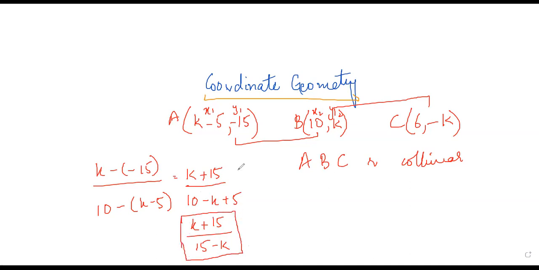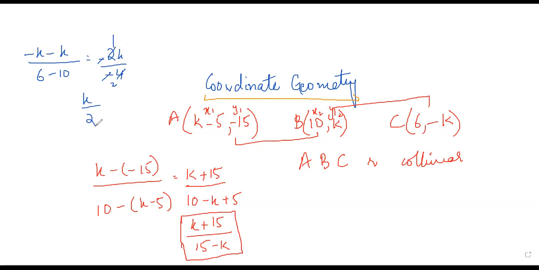Now, for the gradient of BC, it's minus k over 6 minus 10. So basically you get minus 2k over minus 4, minus and minus cancel, so the gradient is k over 2.